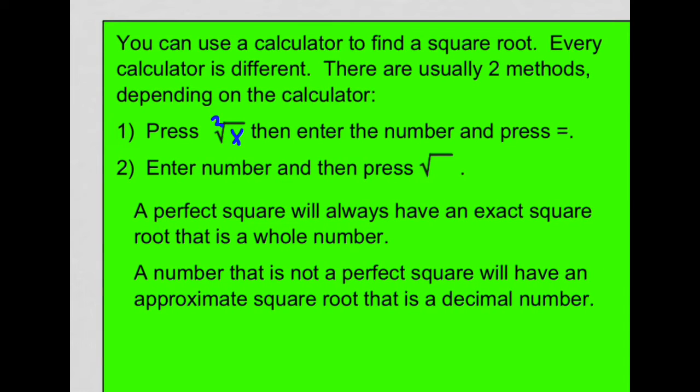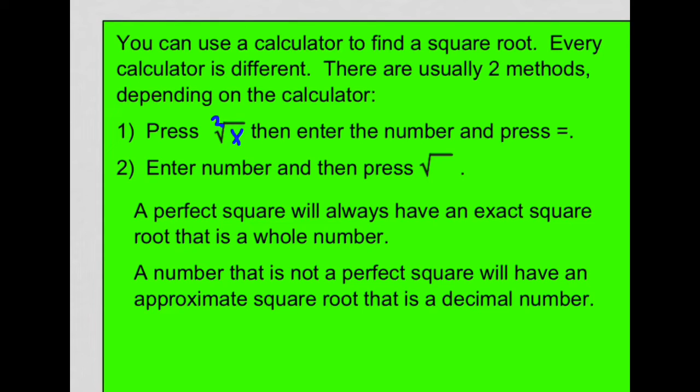But on some calculators you have to press the square root symbol first and then enter the number that you want to find the square root of and then press equals. For some calculators, you enter the number first and then press the square root symbol. So depending on the kind of calculator you have, it'll work differently.